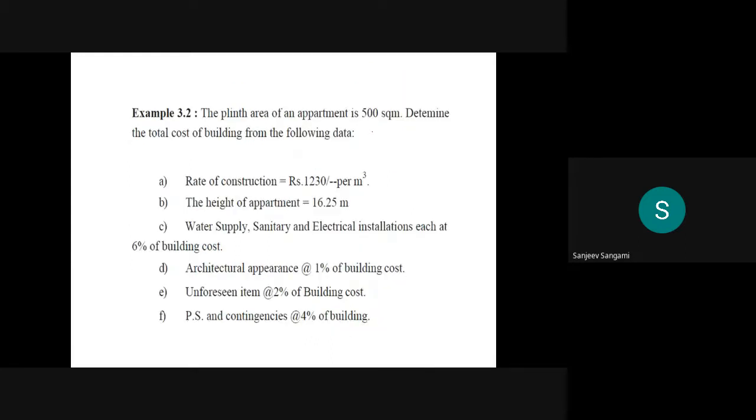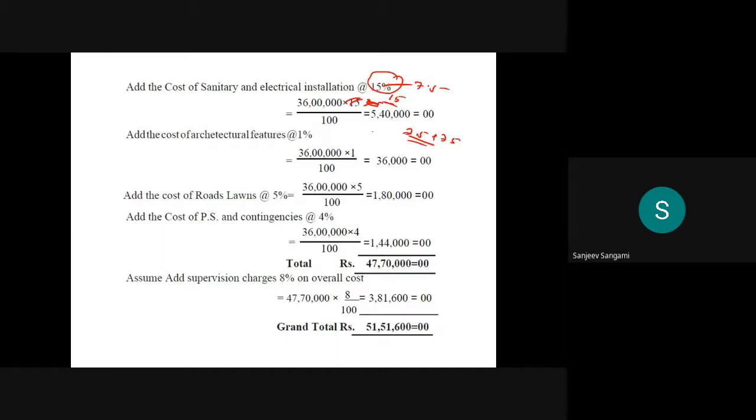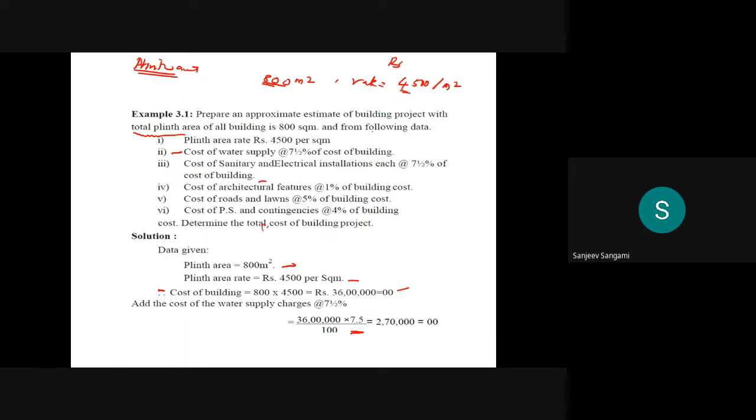Then also he has said the total cost of the project. He has not told us to add the supervision, but you can add it, otherwise you leave that, not a problem.